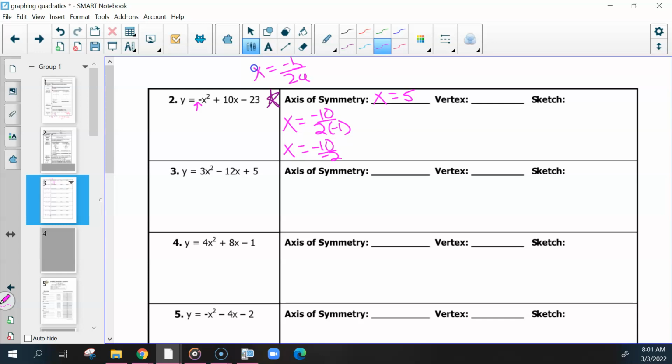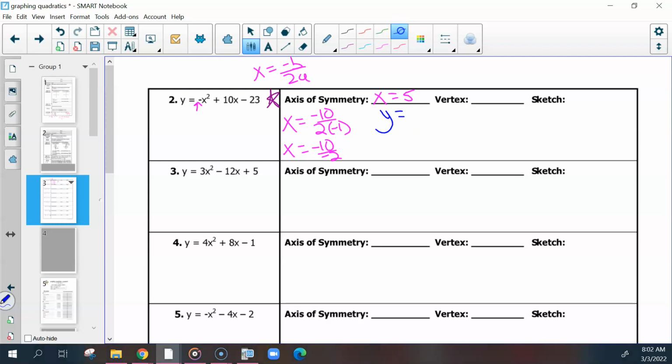Yes, the equation always has a negative in it, no matter what, whether our actual b is positive or negative. Then we're going to find our vertex, put 5 into our equation.